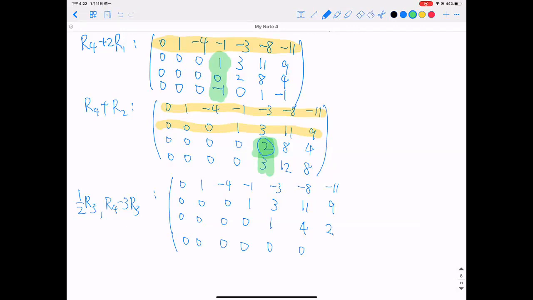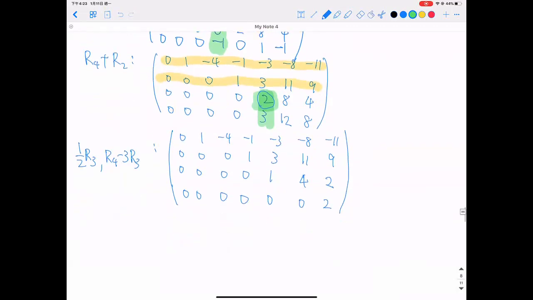Minus 6, that's a 2. Okay. So now what have we done? We've done all the steps for the submatrix containing the last 2 rows.